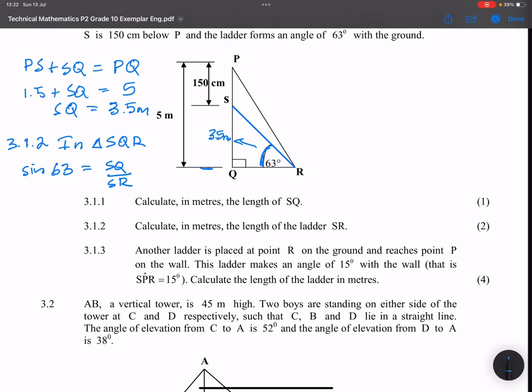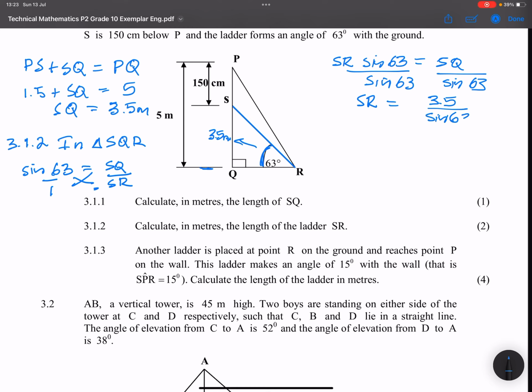So I'm going to say, well, it means that if I'm looking for SR, so SR, if we cross multiply, SR multiplied by the sine of 63 will be equal to, now think about it, we are cross multiplying, SQ, and in this case we just simply divide by sine 63 to get the value of SR. So that's SQ, which is 3.5, divided by the sine of 63 degrees.